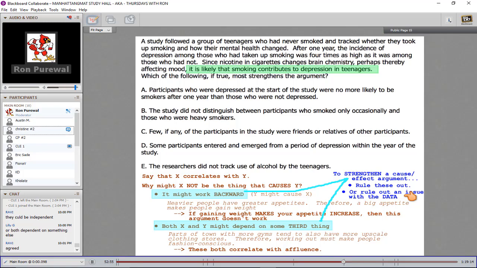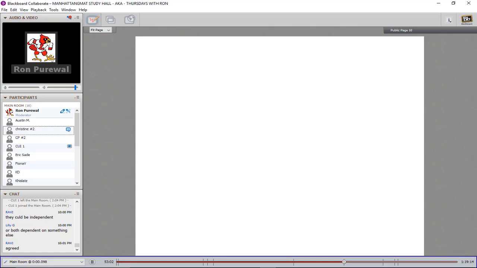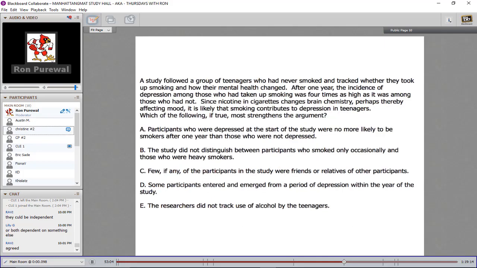So let's see what's happening here. Let's take this to a page with more free space. What they looked at is, after a year, there were more depressed people among smokers than among non-smokers.